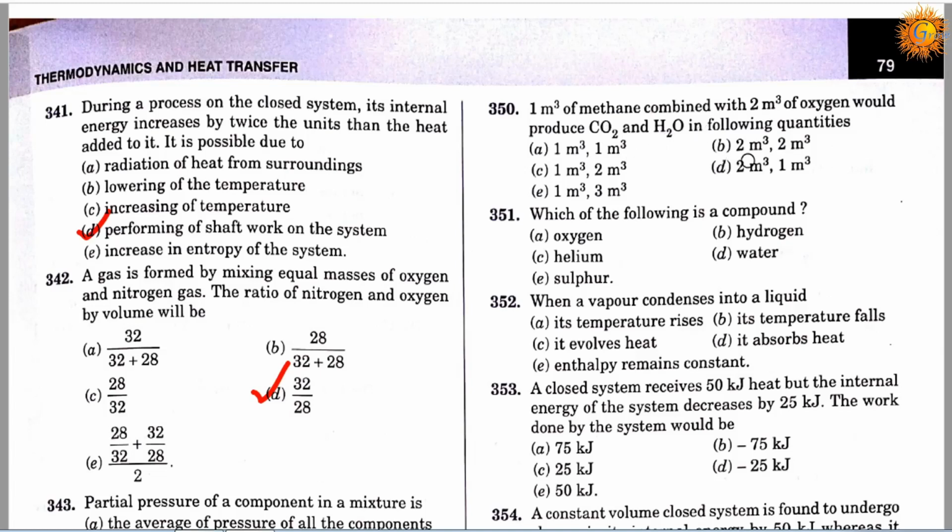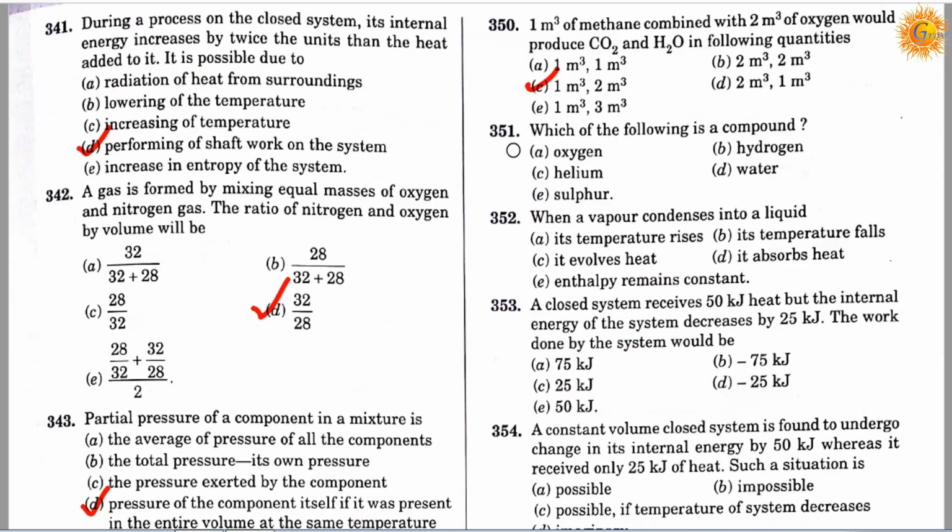Option B, 2 meter cube of carbon dioxide, 2 meter cube of water. Option C, 1 meter cube of CO2 and 2 meter cube of H2O. Option D, 2 meter cube and 1 meter cube, and option E, 1 meter cube and 3 meter cube. So the correct answer will be C, 1 meter cube of carbon dioxide and 2 meter cube of H2O.